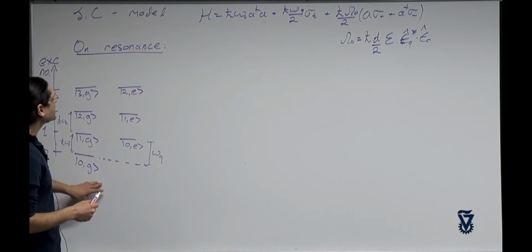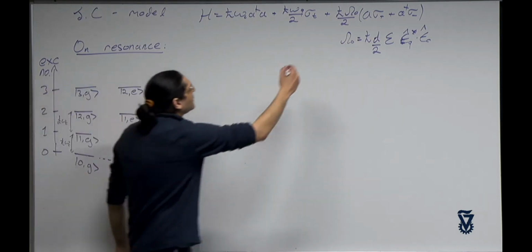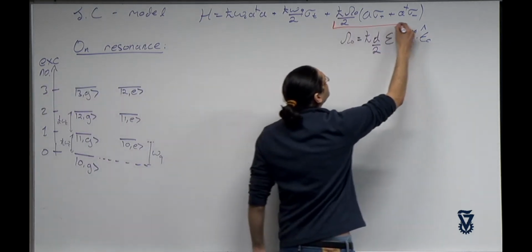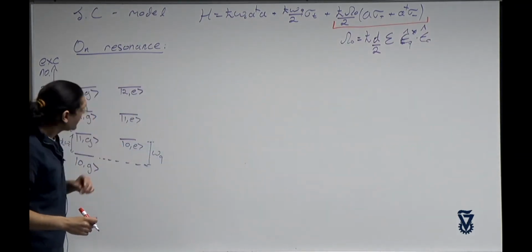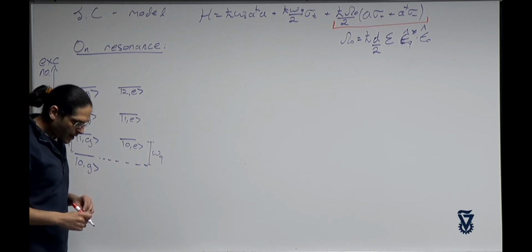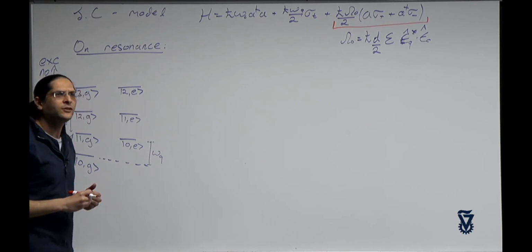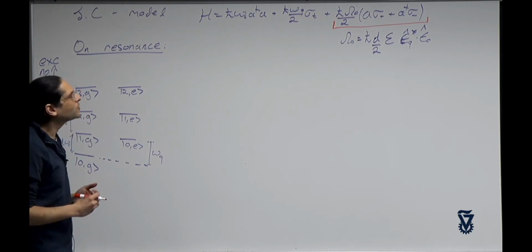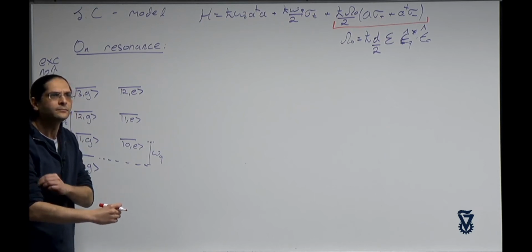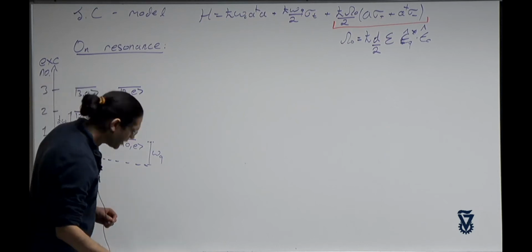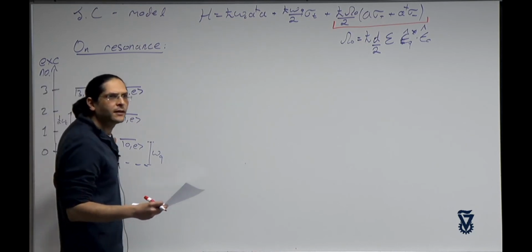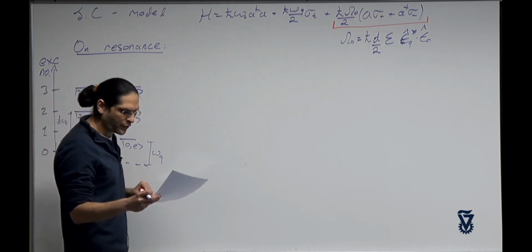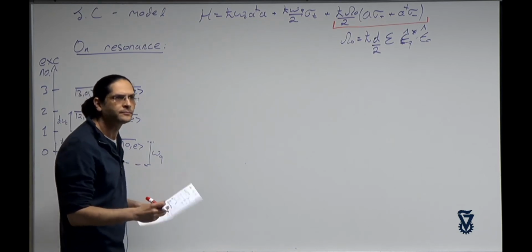Now what is happening is that we're going to be adding this coupling term over here. And what this coupling term is going to do is create a splitting. These two things are on resonance, and they're going to be split, and you can already guess at what frequency they're going to be split.